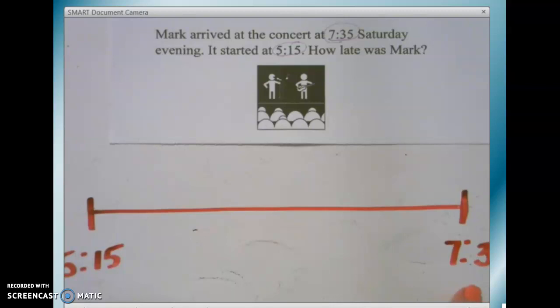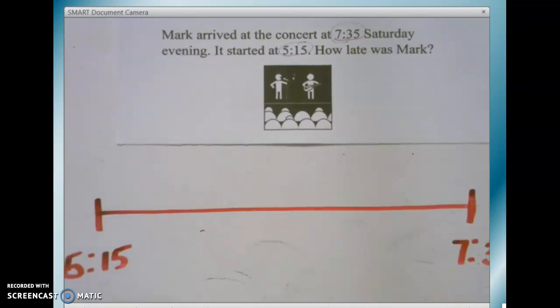And that's what elapsed time is. So typically you start with the largest amounts of time. That's why you have to know your units of time. Now we're talking hours. We're talking within a day. So we're talking hours, minutes, and seconds. Now, we're not going to worry about seconds. We're going to start with our biggest amount of time in a day, which would be an hour.